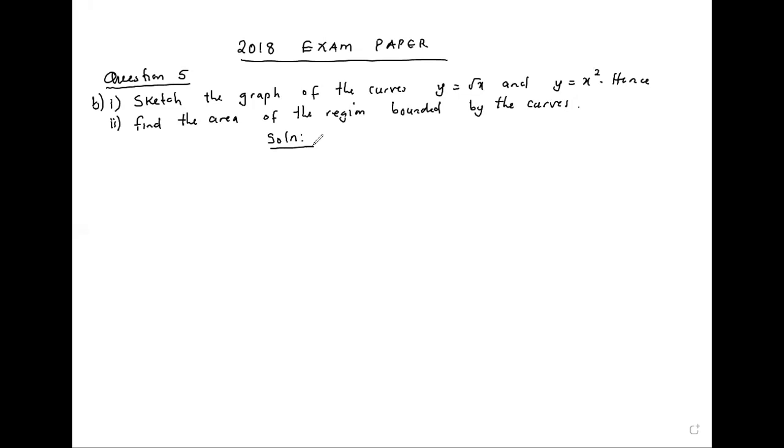To sketch the two curves, y is equal to root x and y is equal to x squared. Because they are all y's, they must be equal at some point.